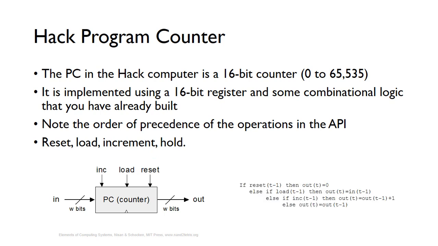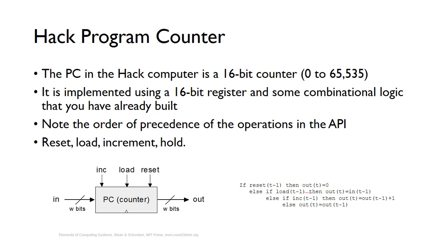You just need to be very wary of the operations in the API. This is just like an else-if statement in C. Reset is the top priority. If reset is true, then we make the output go back to 0. Else if load is true, we set the new value from the input.